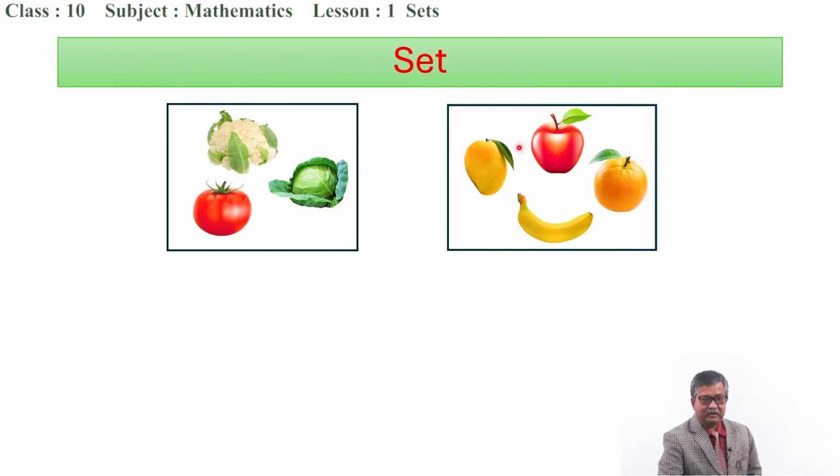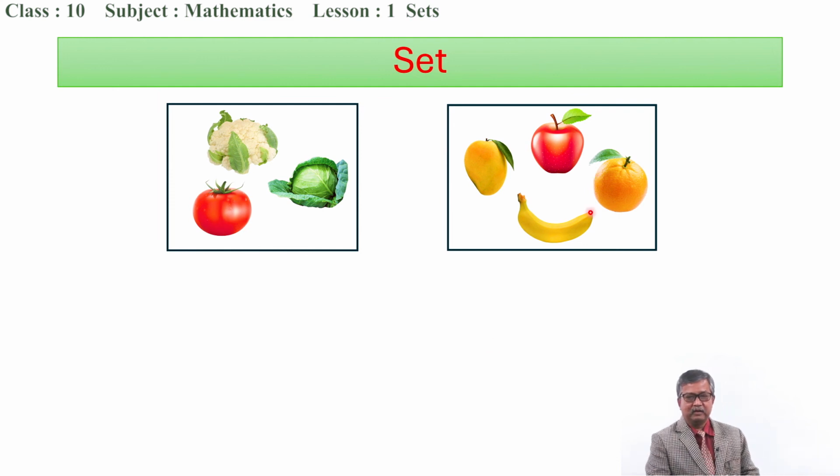Now the second set. In the second set, the objects are mangoes, apples, orange, and banana. So these objects are what? Yes, they are fruits.